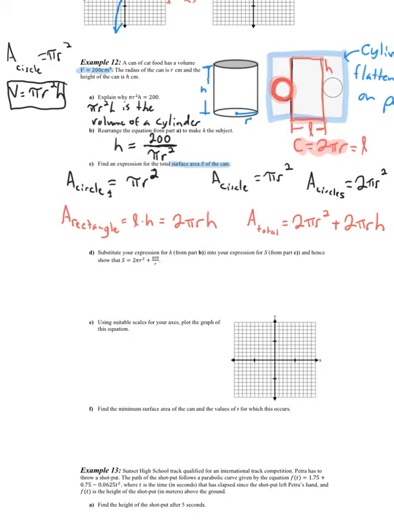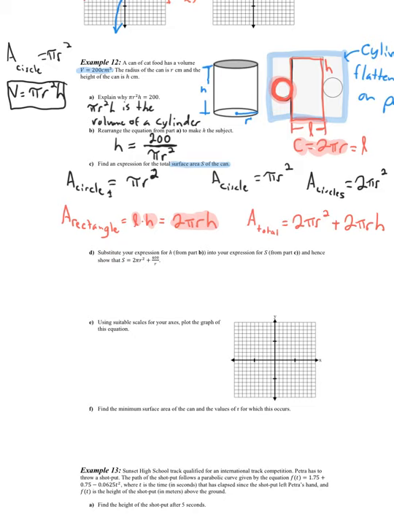So we're doing length of the rectangle times the width of the rectangle, which is, in this case, the height. So length times width is 2 pi r h. Kind of weird, right? And so that one's a tricky problem. This is just example 12 from your textbook, which I think is a really difficult problem, which I thought was kind of weird because this textbook isn't known for giving crazy difficult problems. But I thought part C was a really hard part on this particular problem.